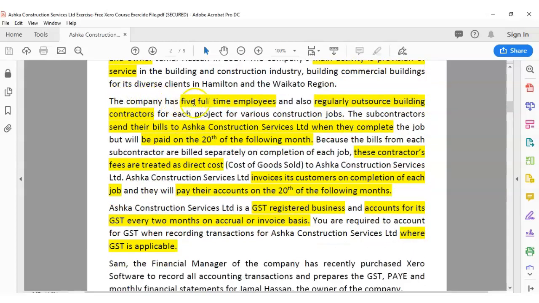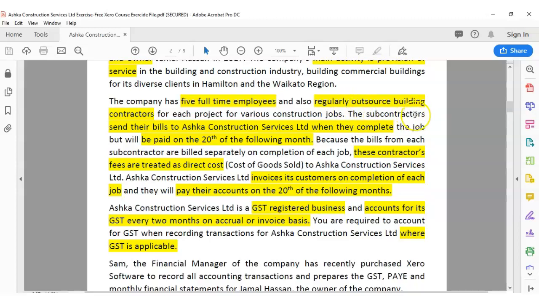The company has 5 full-time employees and also regularly outsources building contractors for each project for various construction projects. So here it tells us that it's got 5 full-time employees, but on a regular basis is outsourcing or subcontracting jobs to different subcontractors.